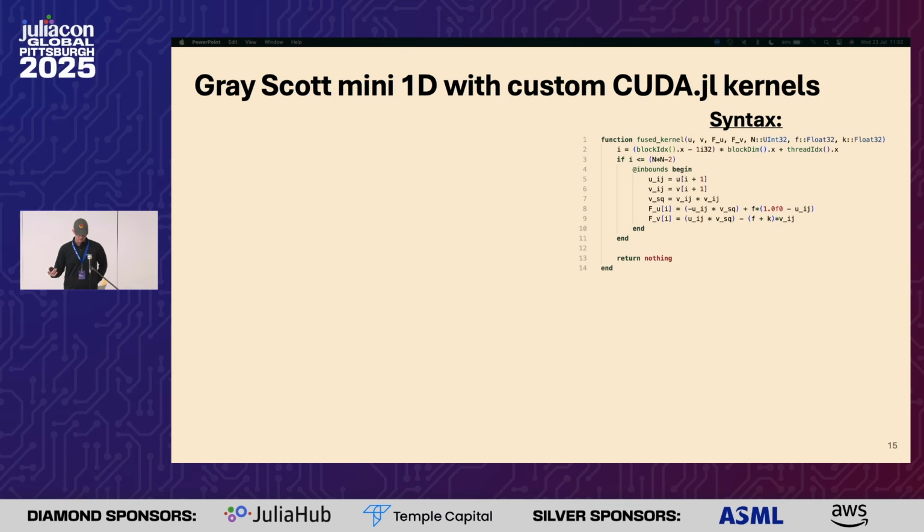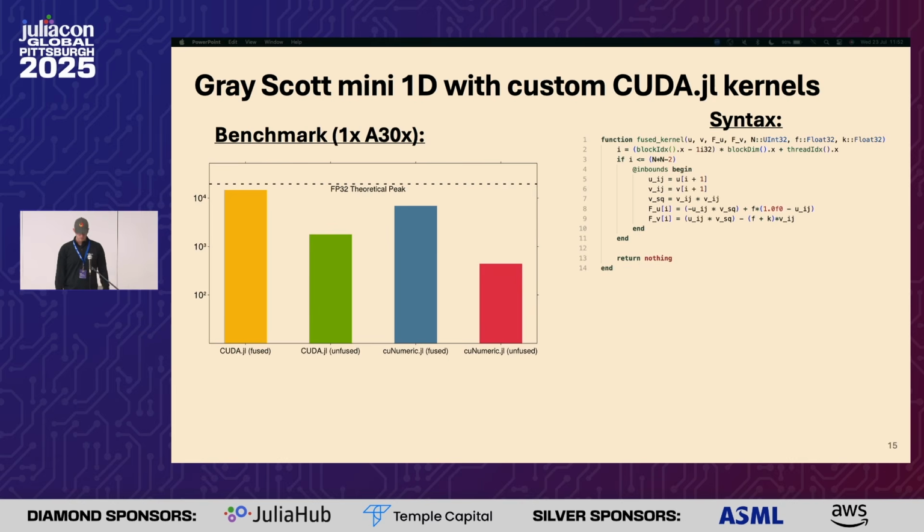So this is a Gray-Scott heat diffusion, but a one-dimensional example, and it's just a subset of the kernels within that larger application. And you can see the syntax here is just the kernel, and CUDA.jl also supports their own custom kernels, and they have an operator by operator syntax. So our library does that, and you could see the difference.